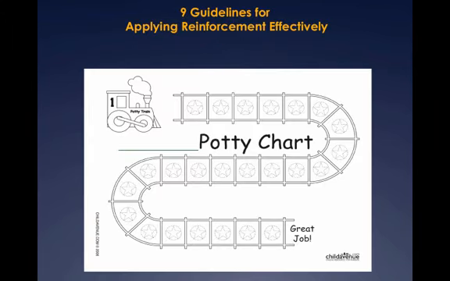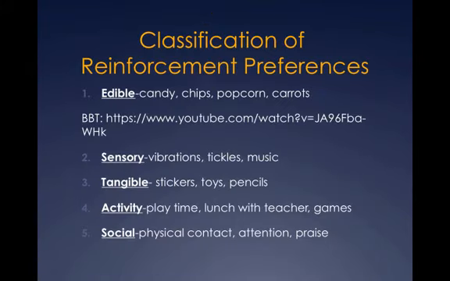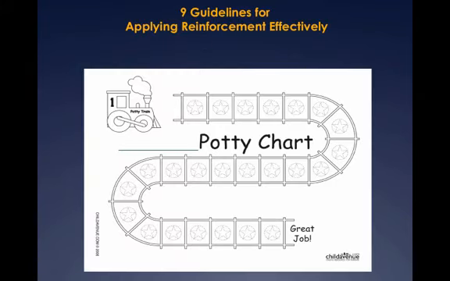So this is actually a token economy, but this is an example of tangibles, right? So we would give students stickers, or this would in fact be, well, hopefully it would be for a younger child, but it's not that uncommon to have students in K through 12 that are still trying to be potty trained.